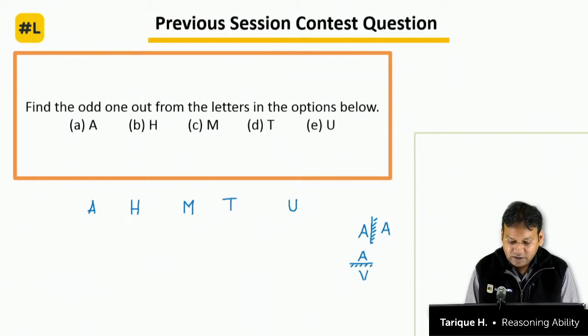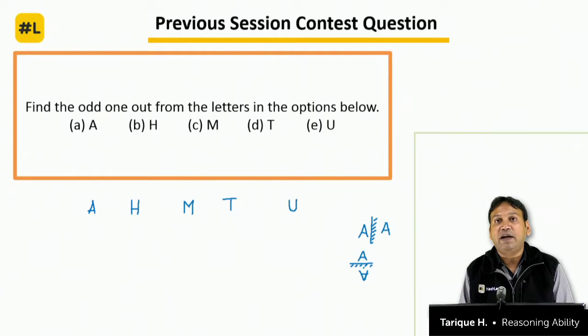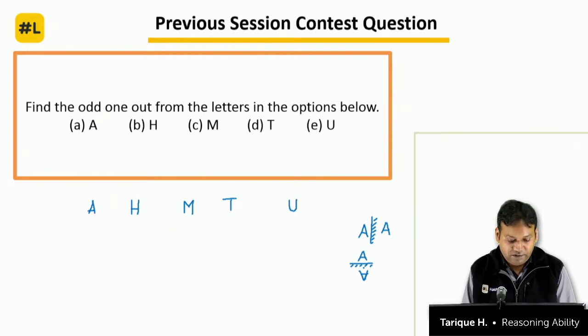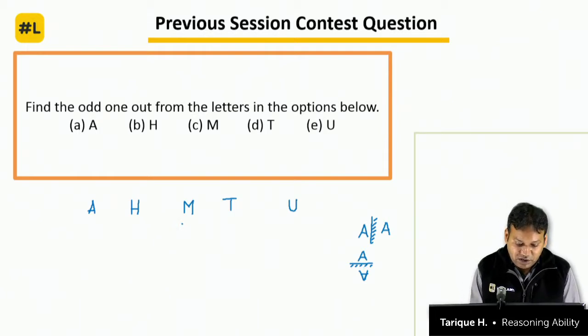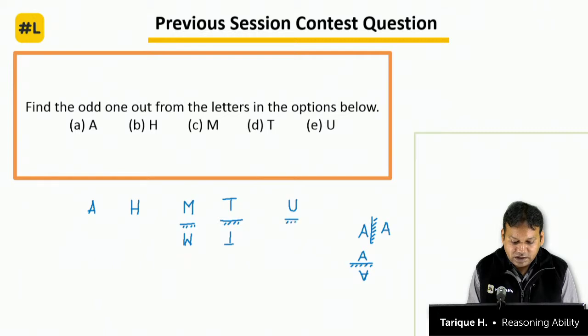A will change. The horizontal image of A is not the same as A itself. And the same thing is true for M also, the horizontal image is not the same. T again changes when we take the horizontal image, and U also changes when we take the horizontal image.